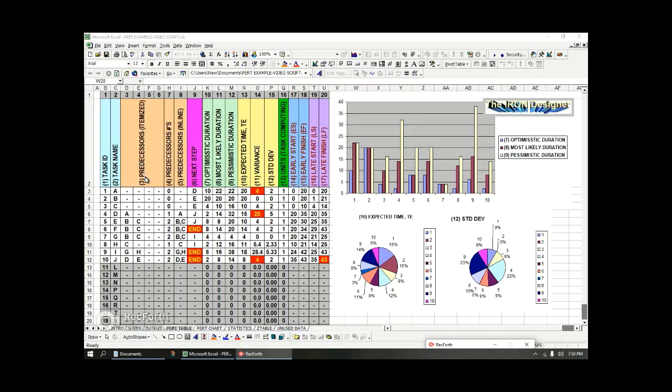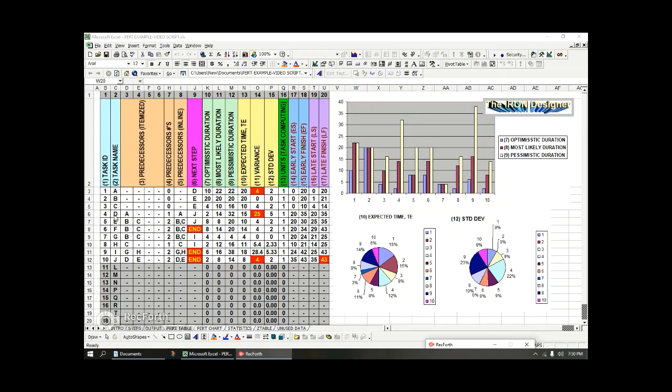Okay? The next of these columns talks about the predecessors, and we talked about that in the previous slide. What I've done is just made 4 columns here so that if I have a maximum of up to 4 predecessors, I can list them. So A, B, and C do not have any predecessors.